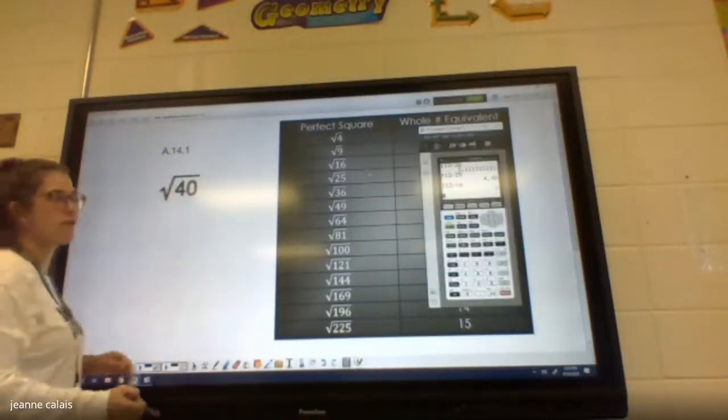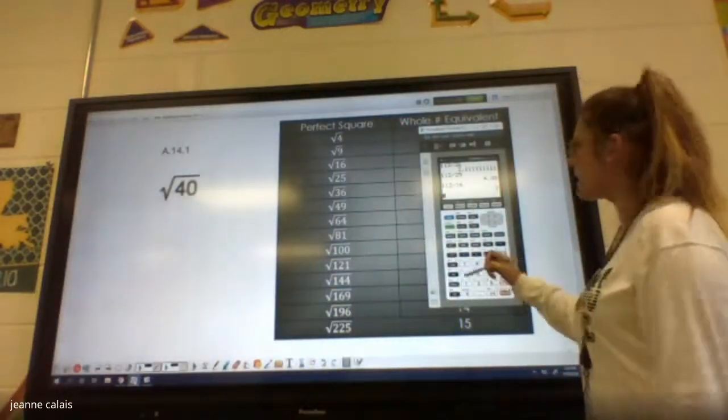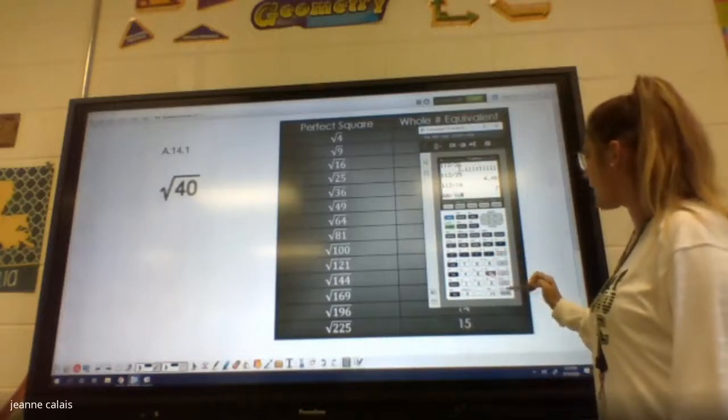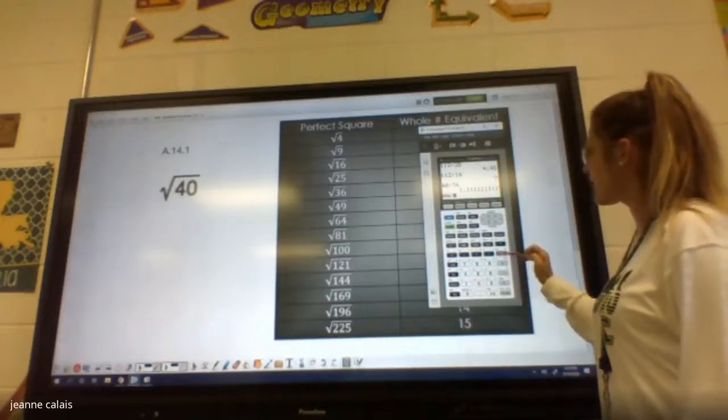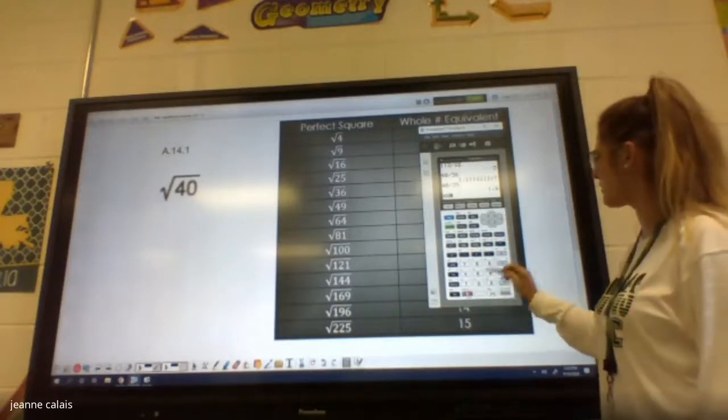Some of you may already recognize what perfect square goes into 40. Others, it'll take a little bit to get the hang of this, but you just divide up the chart till you get to that whole number.